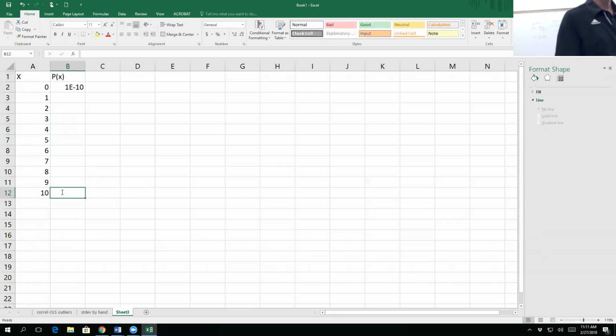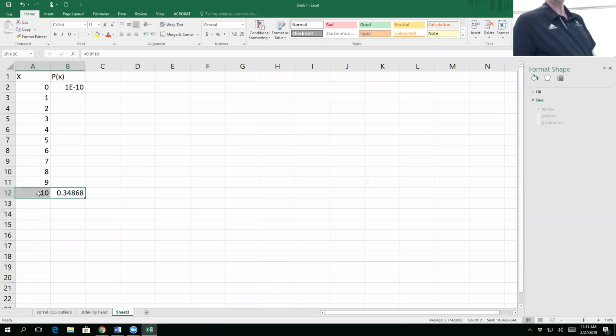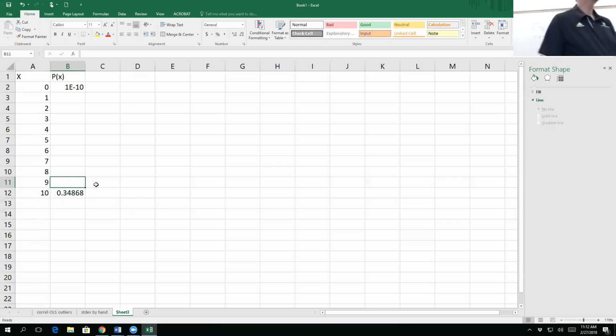On the other end of the spectrum, I'm going to have 0.9 to the 10th, which is 0.34. So there's only a 34% chance that all 10 of those are going to say yes, abolishing exams. Now, let's talk about 9 people want to abolish exams, 1 doesn't. Let's say the first person does not want to abolish the exam, but everybody else does.